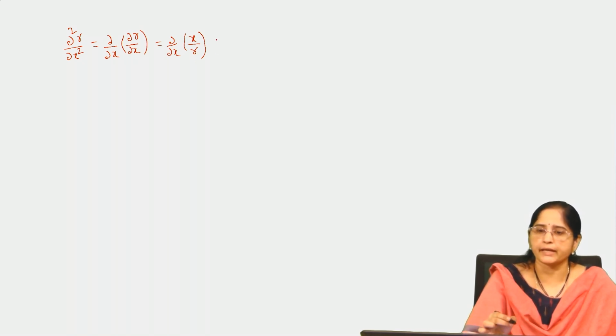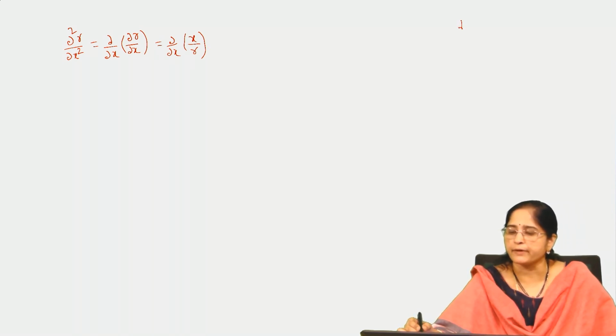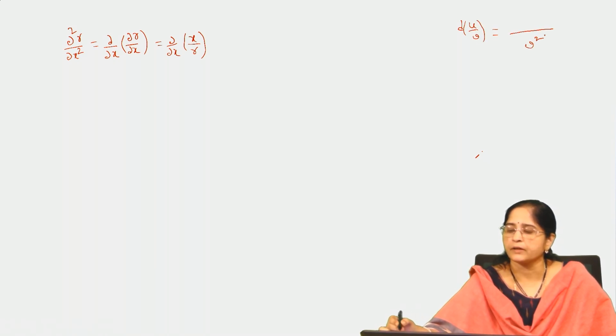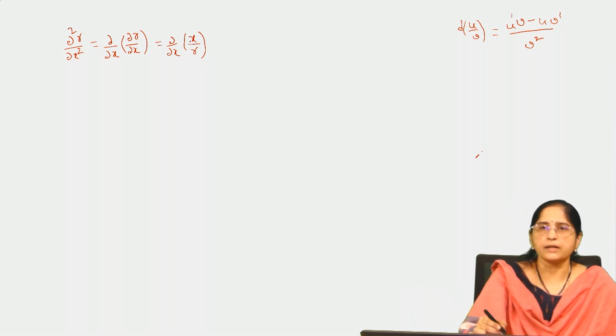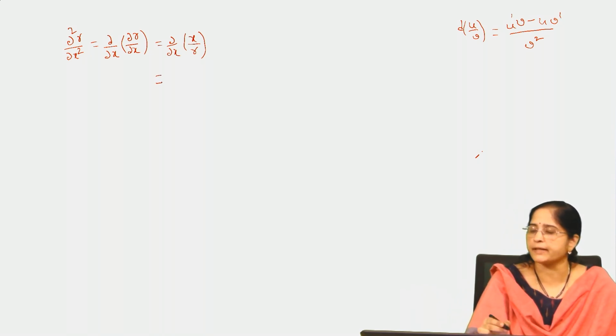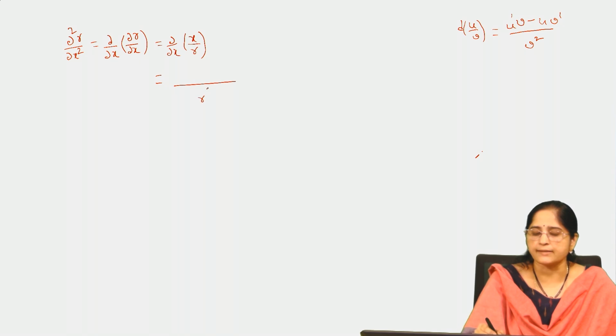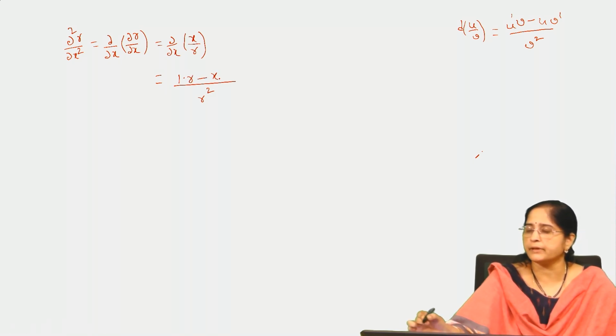That's why, if you want to find out dou by dou x of x by r, we have to apply the u by v rule. Derivative of u by v rule is v square, u dash into v minus u into v dash. So, this is the formula. This is u and this is v. So, v square, that is r square into, what is the derivative of x? 1. 1 into r as it is, minus u into, u is x, x into derivative of r.